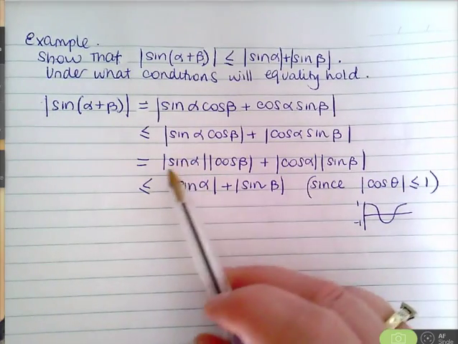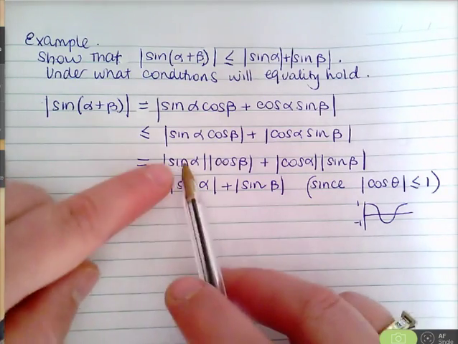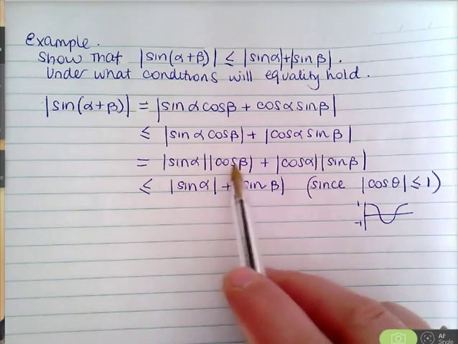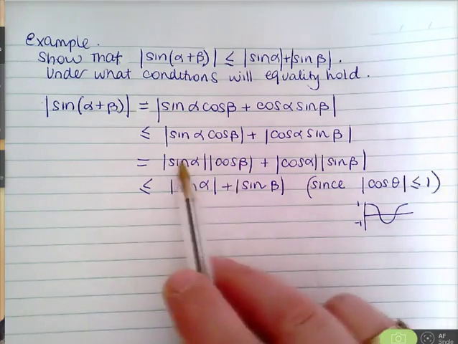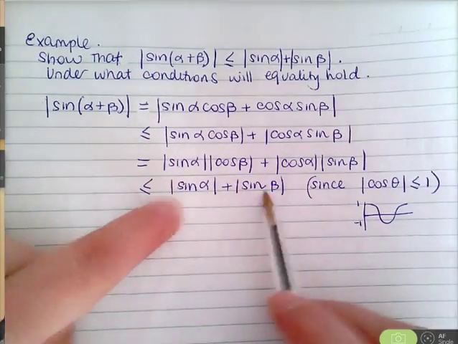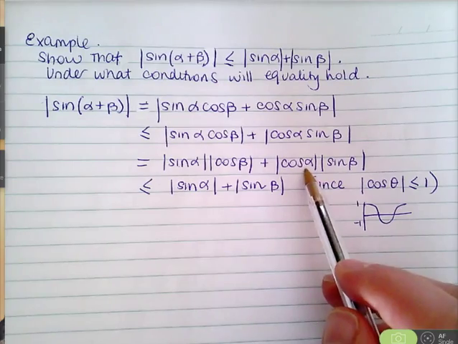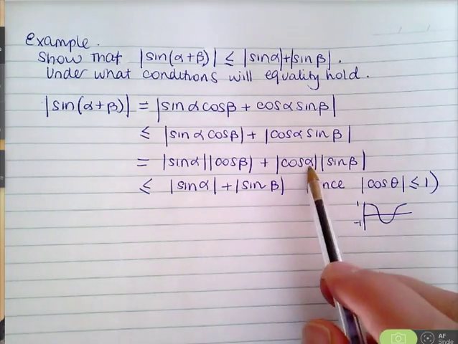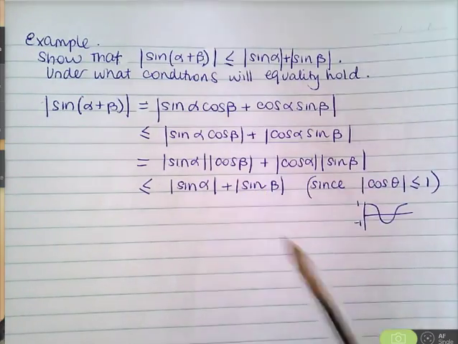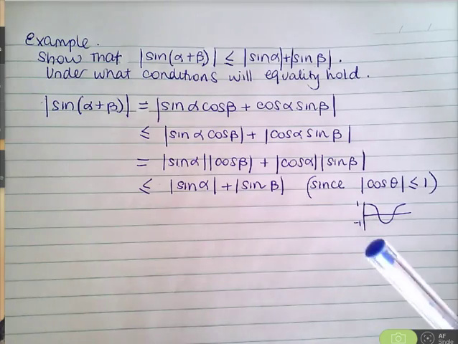So for example, you might be doing sine alpha times a half. The maximum that this will be is 1, so this expression here will always be less than that. Again, this cos alpha might be 0.9 or 0.1 or something like that. The most it could be would be 1, so that expression is less than or equal to that. And so therefore we've proven this inequality.